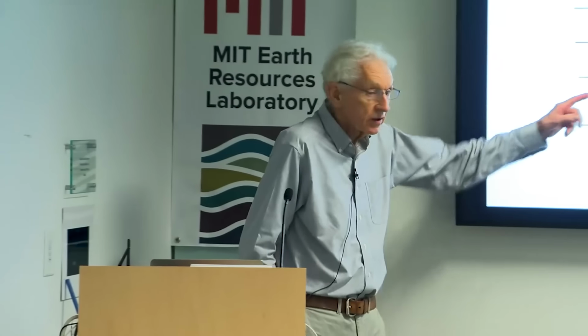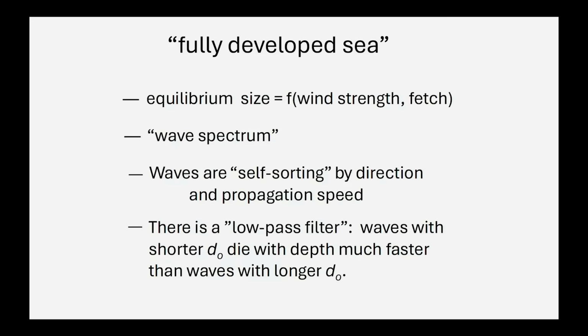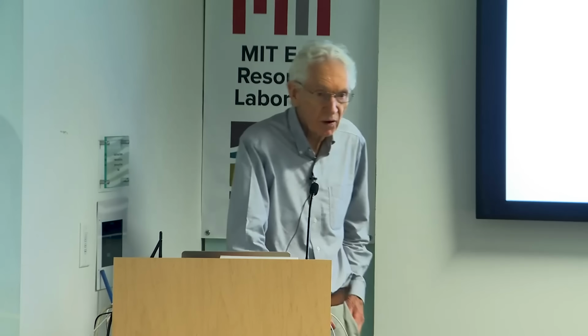But they're self-sorting, because when the waves move out away from a storm, they sort themselves out by direction, obviously, but there's a low-pass filter effect. The bigger waves die out slower than the smaller waves. And so when you get well away from the storm, it gets simpler because there's usually only one dominant oscillation component, unless there were a couple of sub-equal ones in different directions, which can happen in major storms.